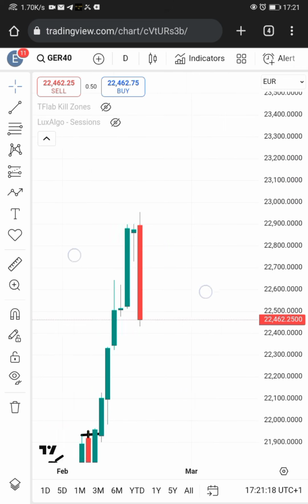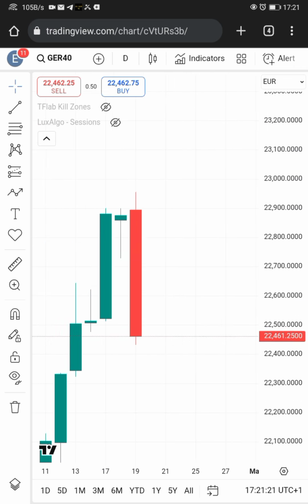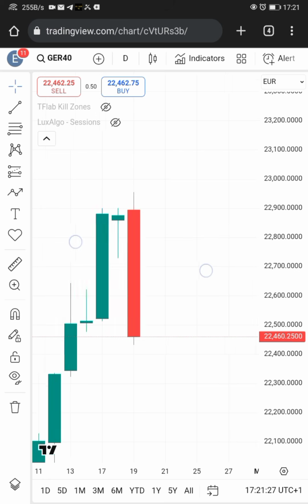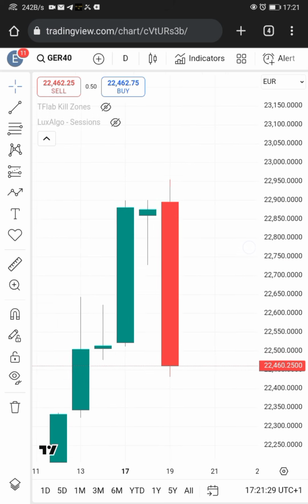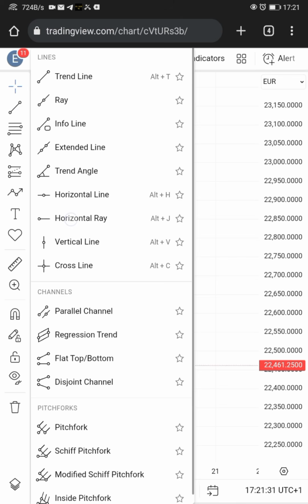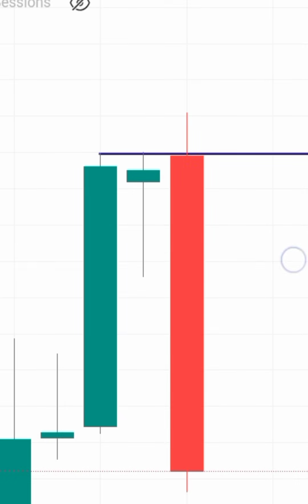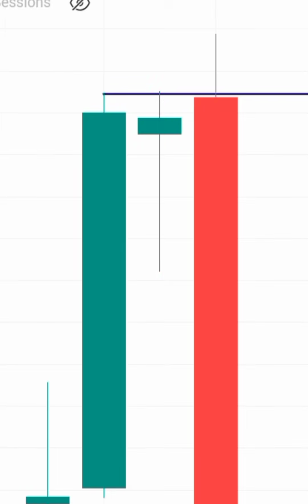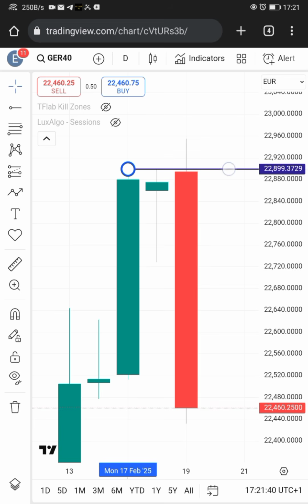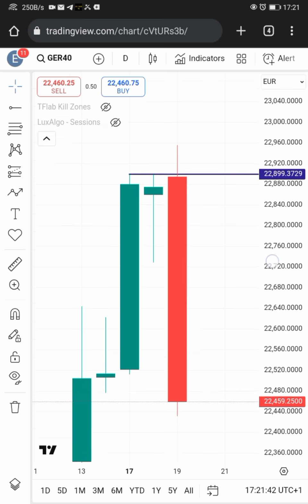Then the same thing happened today. That was why I said I'm preparing your mind towards what I'm going to show you guys. So that same thing happens today. You can see here was the high of the candle. Previous day candle, it was this one that has a wick.